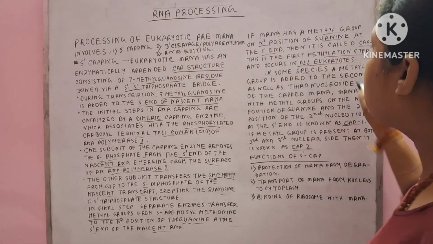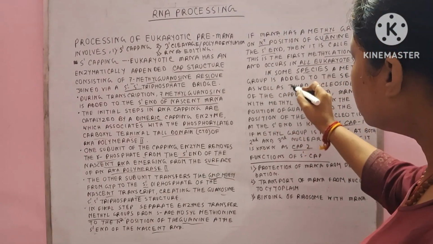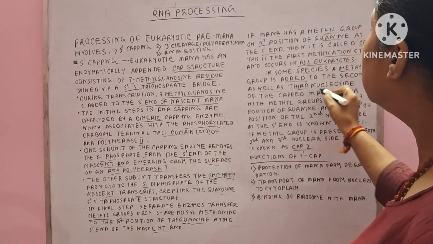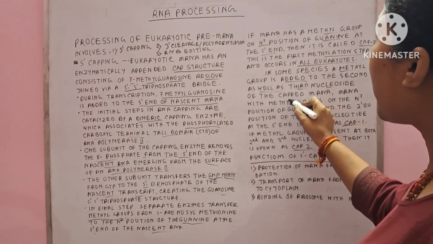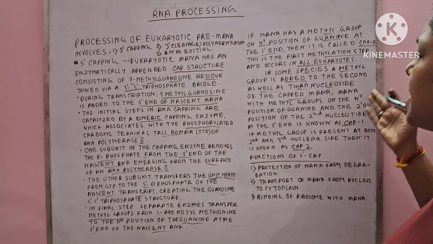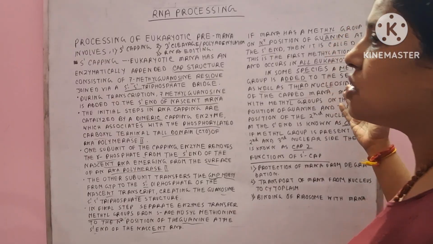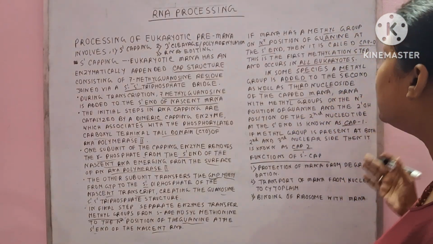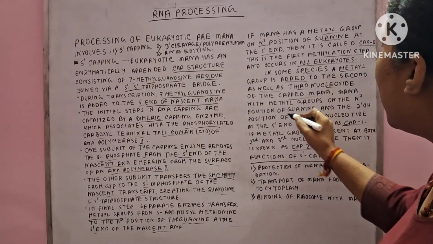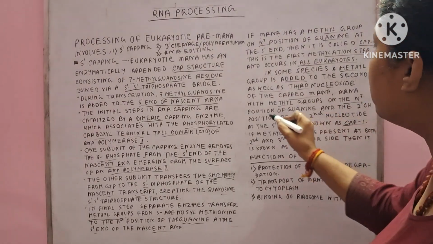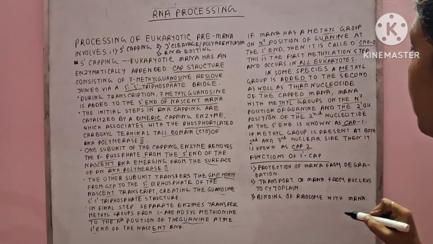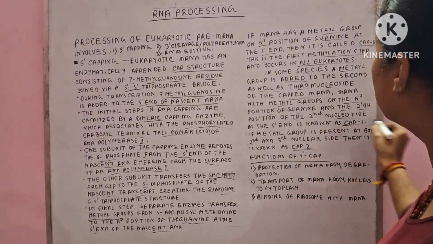But in some species, a methyl group is added to the second as well as the third nucleoside of the capped mRNA. It may be possible in some cases that the second position or the third position of the nucleoside is involved in this capping process. And here the methyl group is on the N7 position of guanine and the 2' hydroxyl position of the second nucleotide.